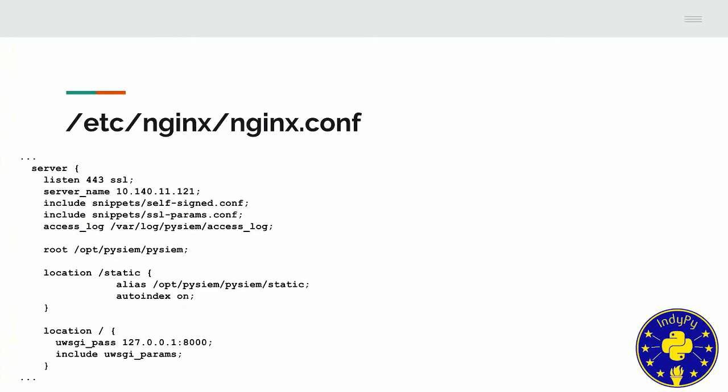As you can see, I'm on a 10 dot address, so nobody else is getting to this. And then assigning my loopback on port 8000 as where my uWSGI is getting pointed to.